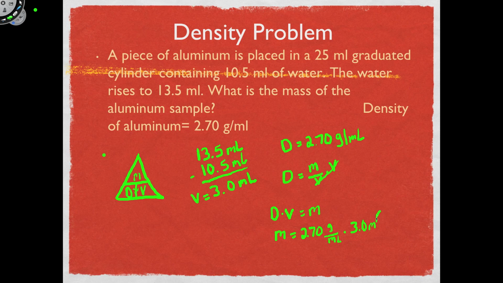We're going to cancel out our mils. And then what does that leave us with? That leaves us with grams. And all we have to do is multiply the 2.7 times the 3, and that gives us a value of 8.1. And we can't forget our unit. Our unit's grams. So that piece of aluminum was 8.1 grams.